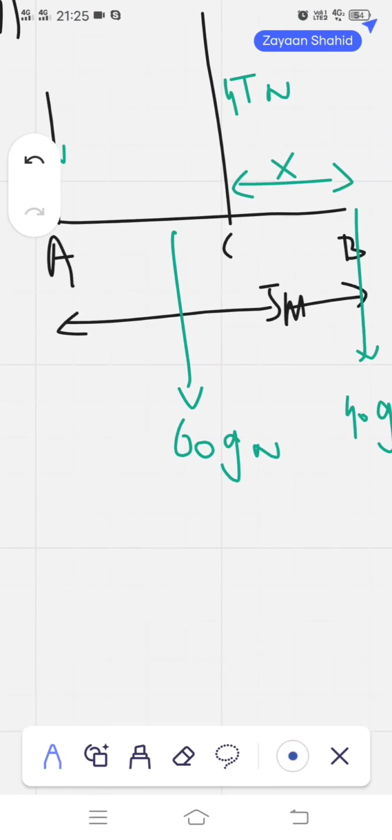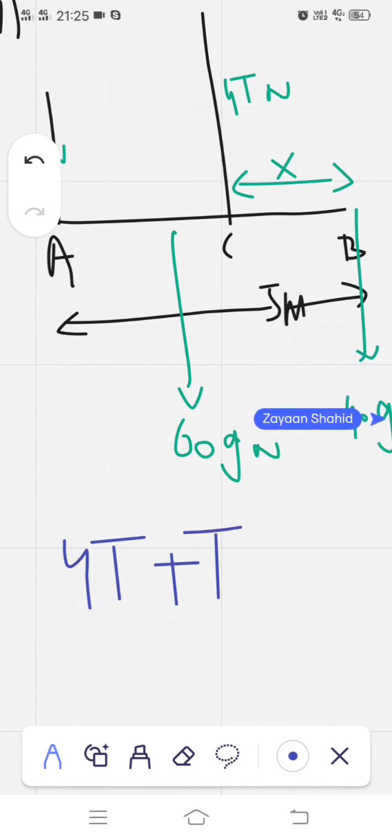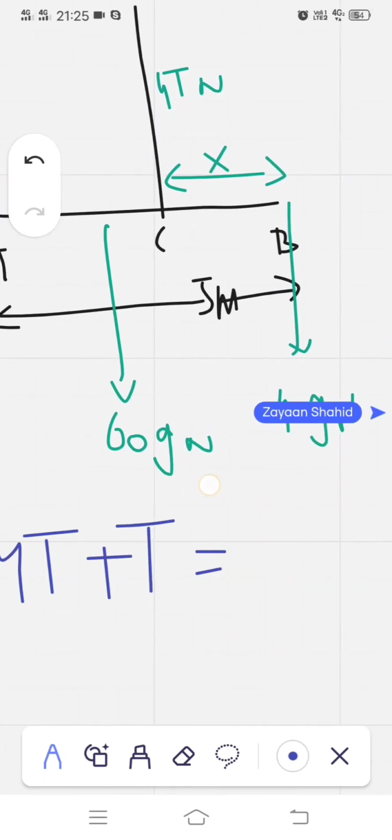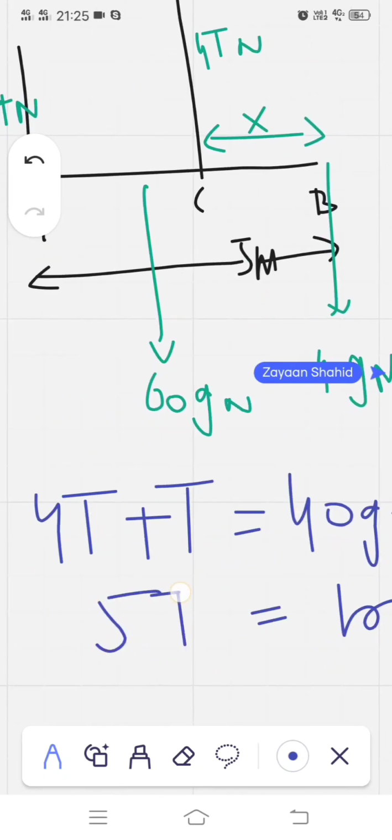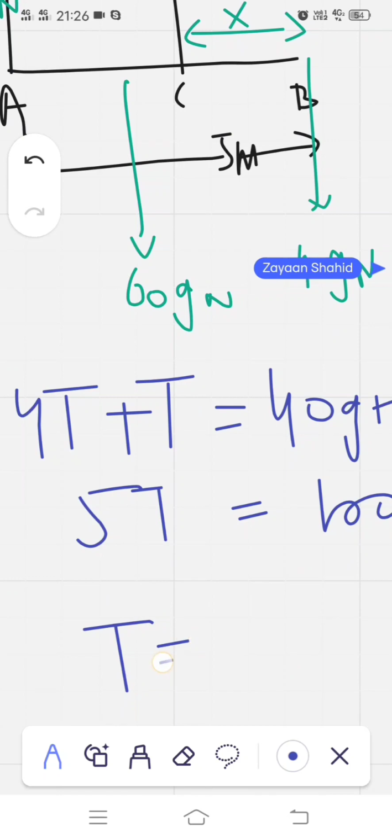Now we can easily resolve. Vertically, 4T plus T, the two upward forces, is equal to the downward forces, 40g plus 60g, 100g, and this is 5T, so T is equal to 20g.